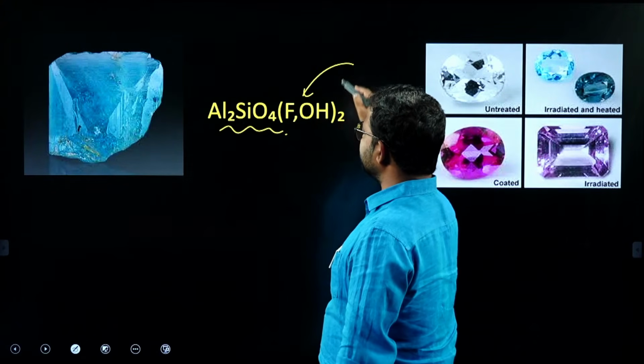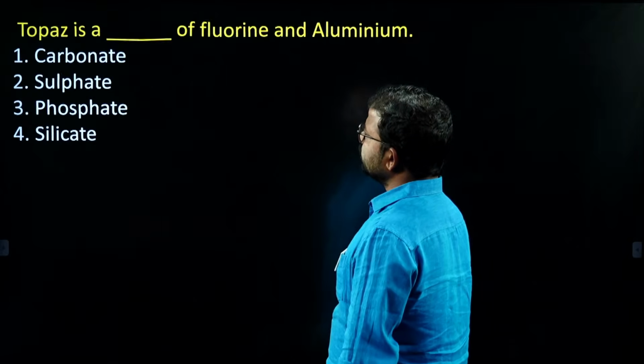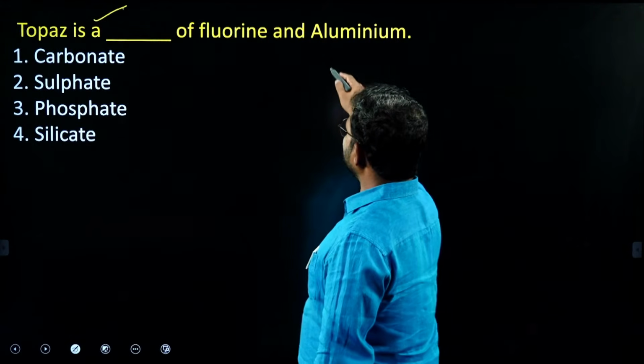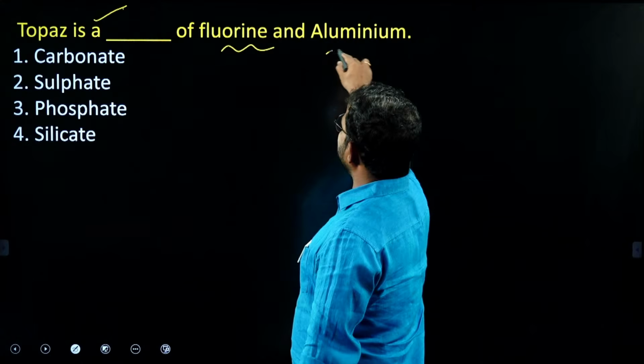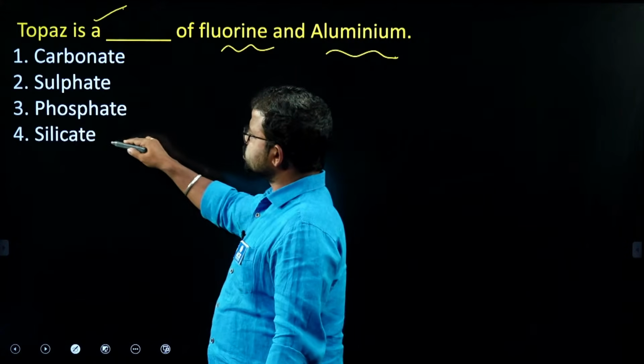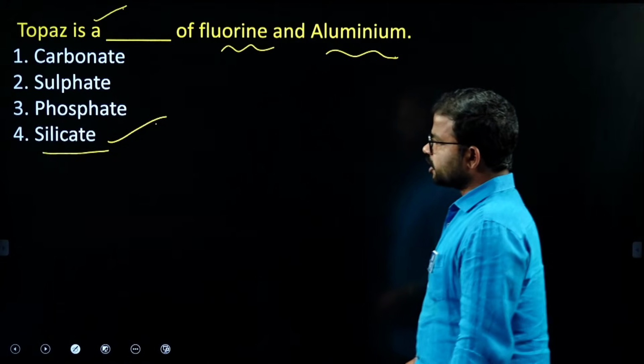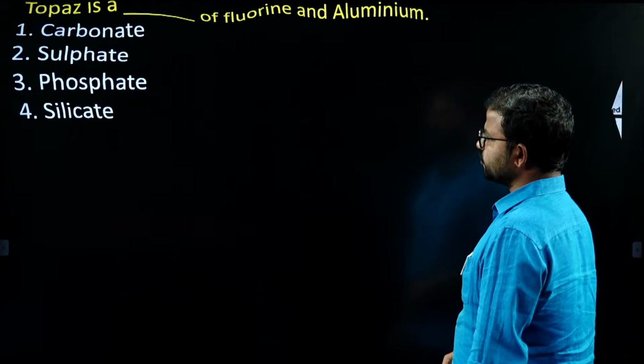Of course, it has fluorine and some hydroxides. They already mentioned fluorine and aluminum, and next it has an excess amount of silicates also. Because of that, option D is the correct answer, option 4.